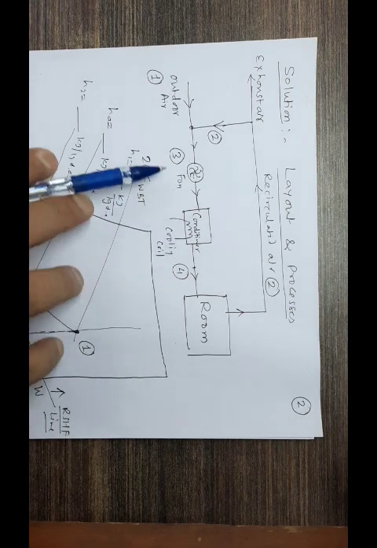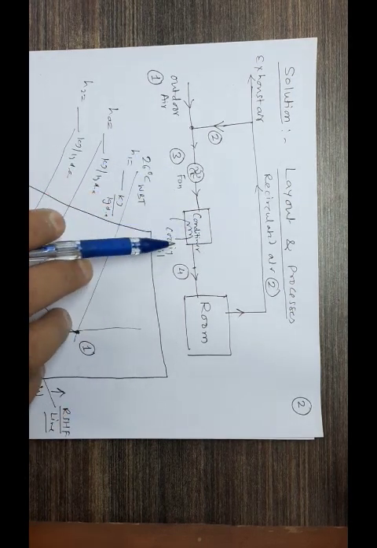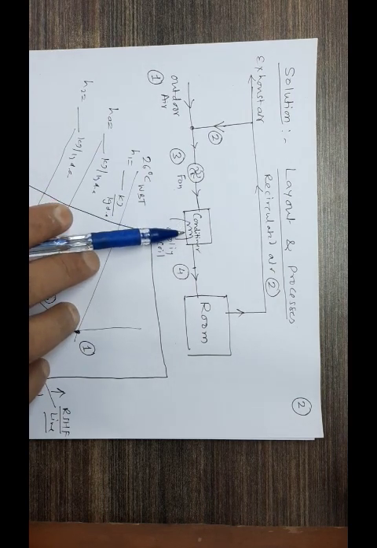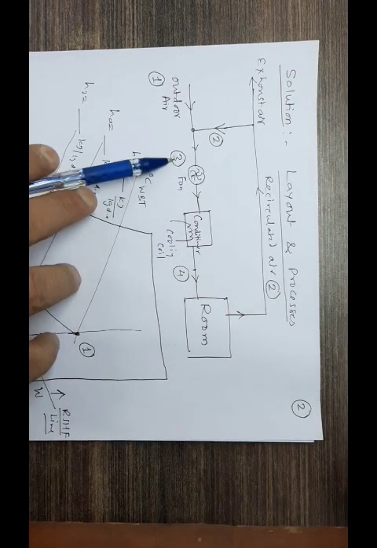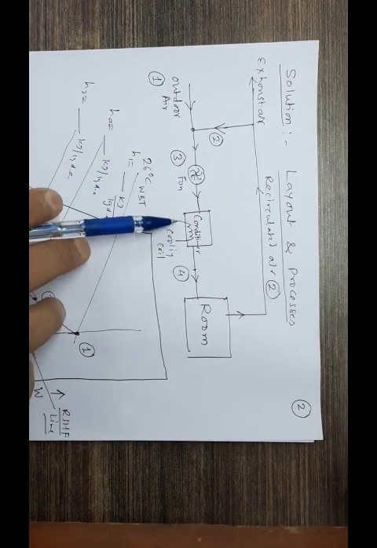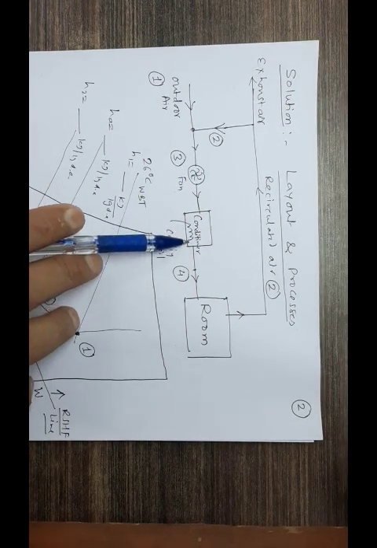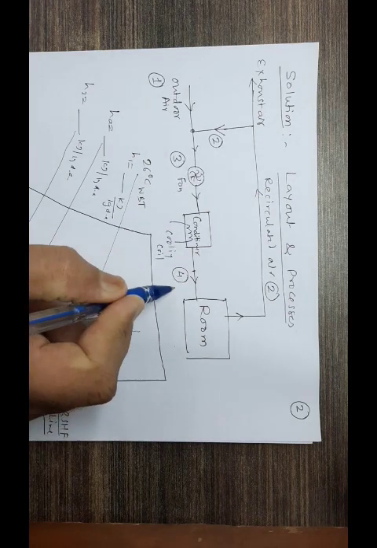Now that's a situation which is being changed by this conditioner, mainly because this conditioner has a cooling coil which is kept below the dew point temperature of the air which is mixed up over here. So ultimately leading to cooling and dehumidification. You're separating out water from this. That air is being supplied here at 4. Now supply air is corresponding to 4.